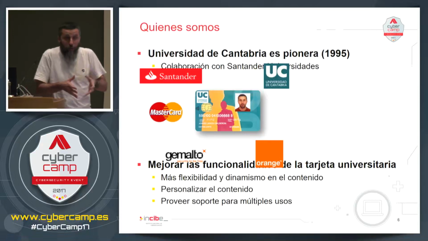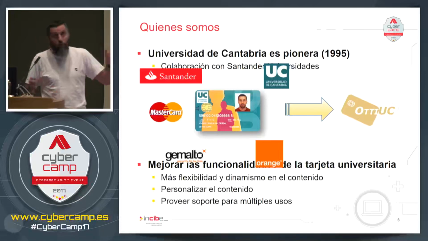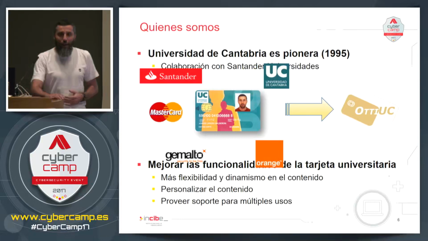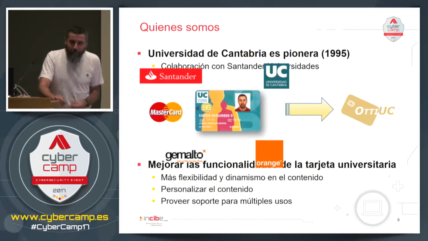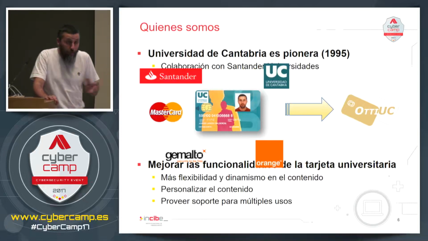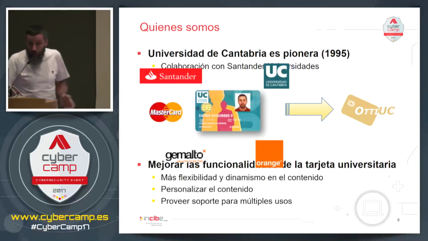So we wanted to have a team, and it's called the Technology Observatory of the Smart Card in university. A long name, OTOC, that's the name. We wanted to explore the various possibilities of smart cards, first within university, and then, why not, use it for other purposes.